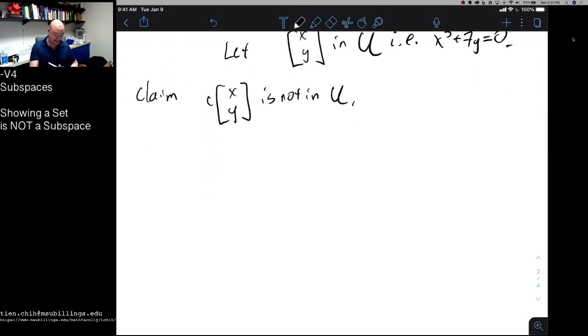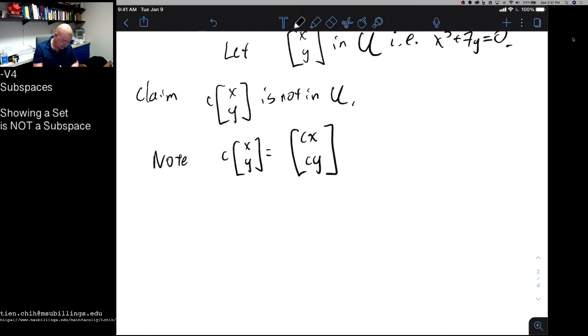Well, what we note is that c(x, y) is equal to (cx, cy). And now if I take (cx) cubed plus 7cy, the question is, is that 0?